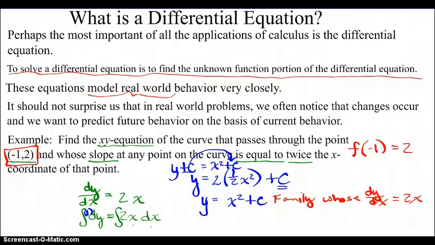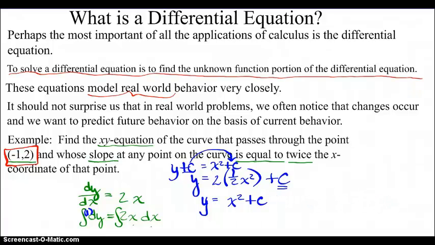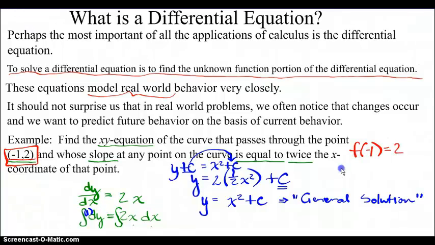So let's put some terminology with that, okay? When they give you a differential equation, which is what they've done here, when you get to this point right here, this is the general solution, and you need to know that. You're going to have instructions that say find the general solution to the following differential equation. So you're going to need to know what general solution means. When they give you a point like they've done here, when they tell you f of -1 equals 2, this is called an initial condition.